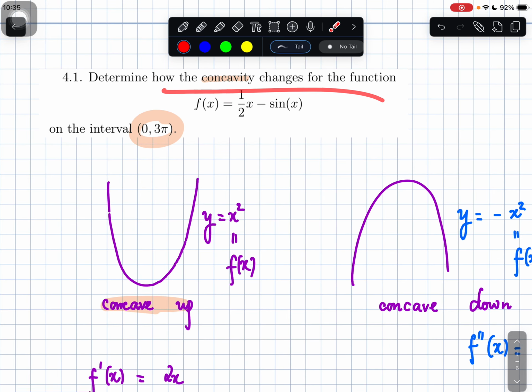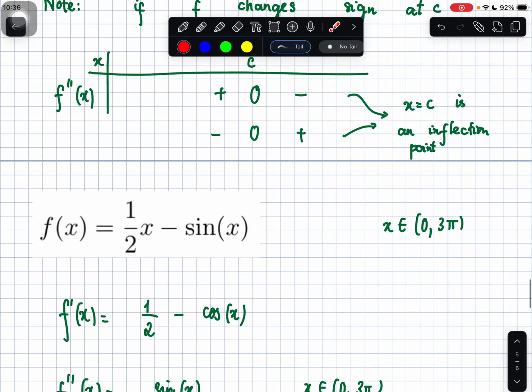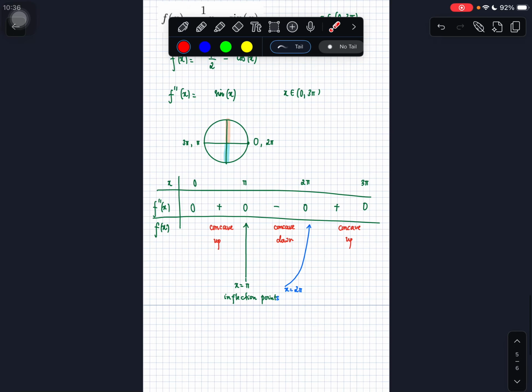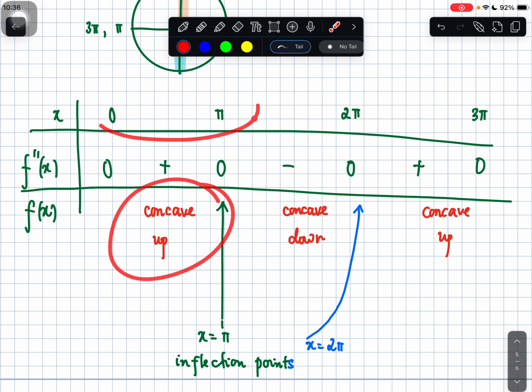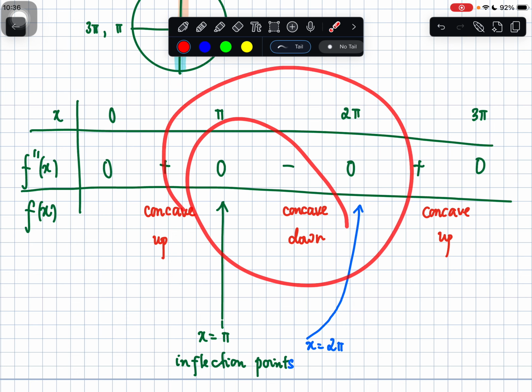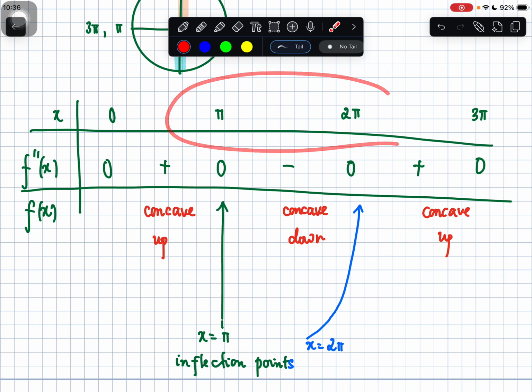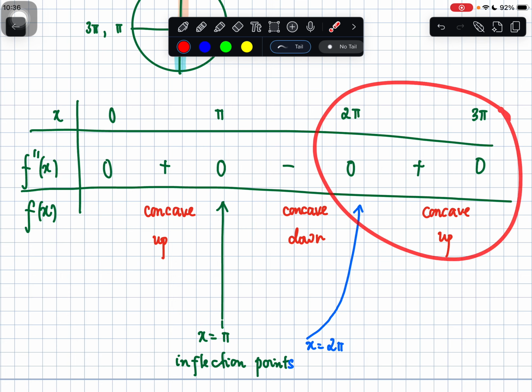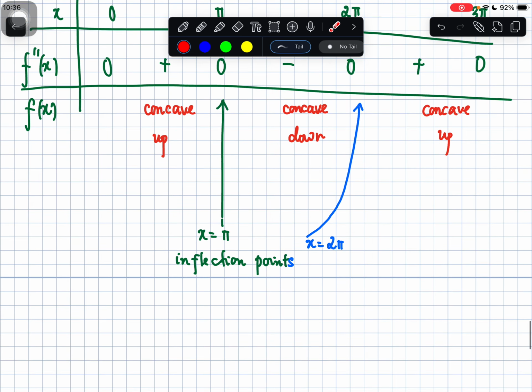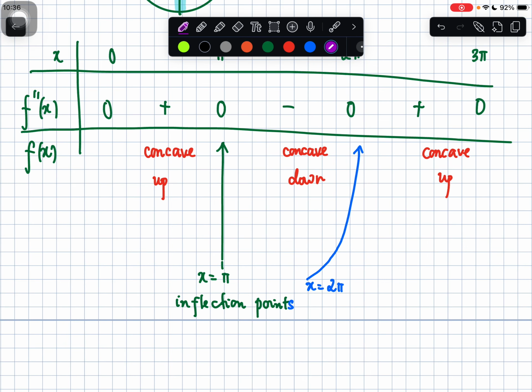So the question asks us to determine how the concavity changes for this function on this interval. And the answer is concave up from 0 to pi, and then it changes to concave down from pi to 2 pi, and then it's concave up again from 2 pi to 3 pi. And we can draw it like this: concave up, concave down, concave up again.